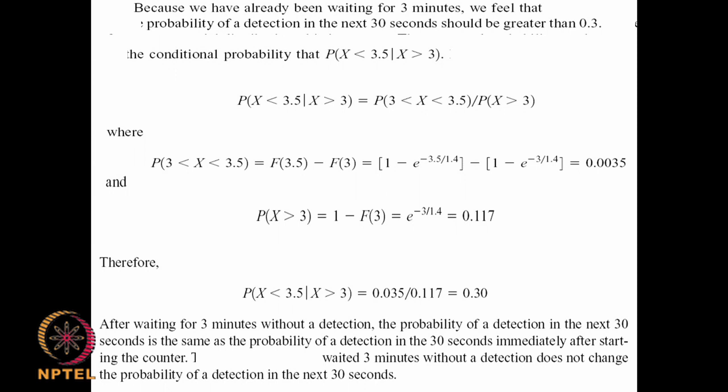Initially we start the Geiger counter and within 30 seconds we see a particle, with probability 0.3. Then we start the Geiger counter but wait for 3 minutes without detecting a particle, and then ask the probability that we will detect a particle between 3 minutes and 3 minutes 30 seconds. You will get the same probability, and there will not be any difference at all because of the characteristic of this exponential distribution.